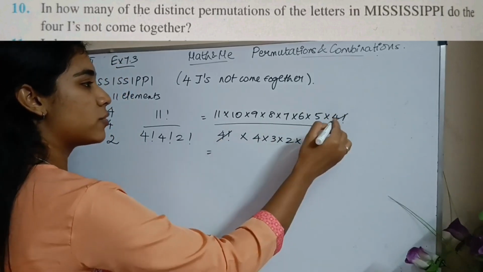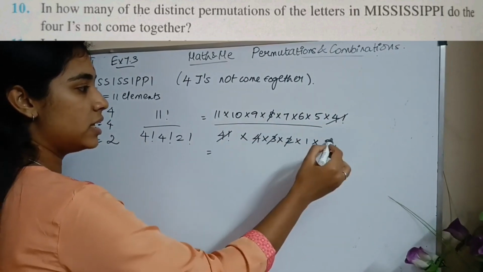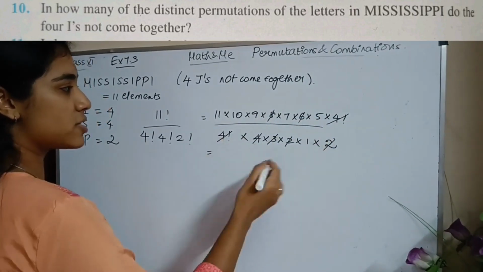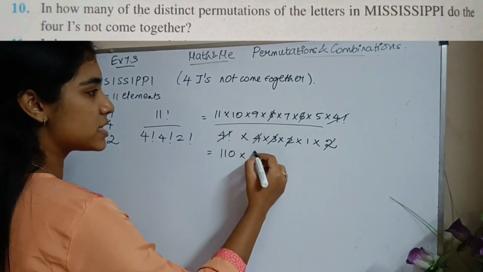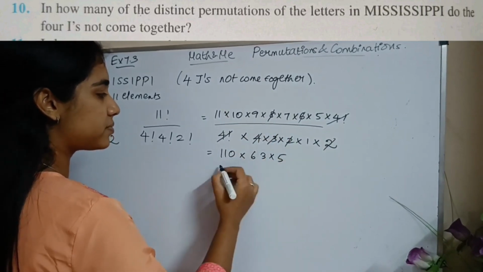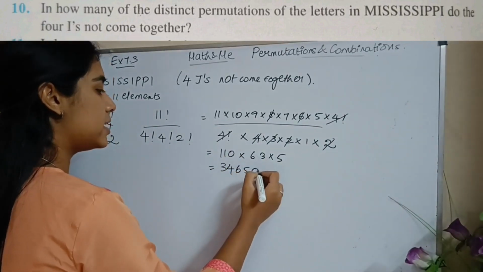So 4 factorial and 4 factorial get cancelled. 4 2s are 8, 3 2s are 6. Okay, the denominator is gone. Now I have 110 times 9, 7 nines are 63, times 5. So this will be 34650.